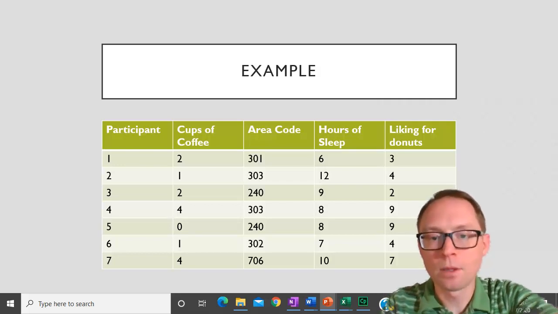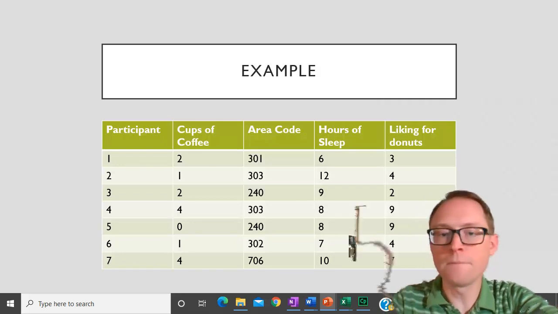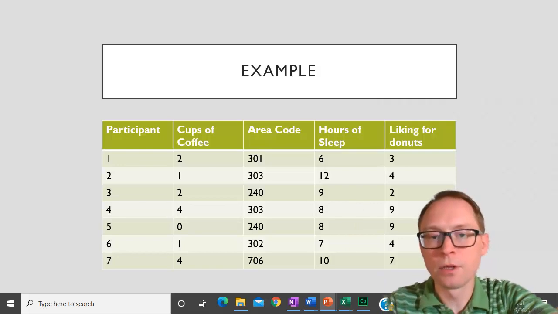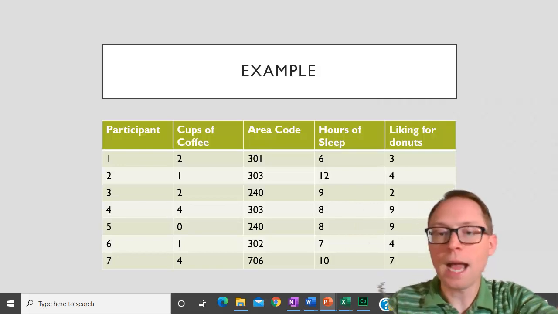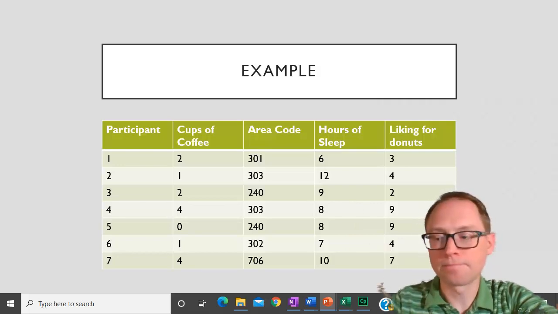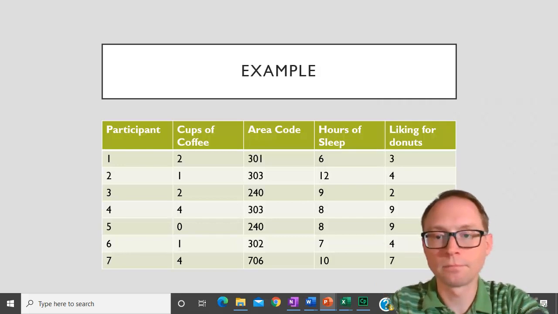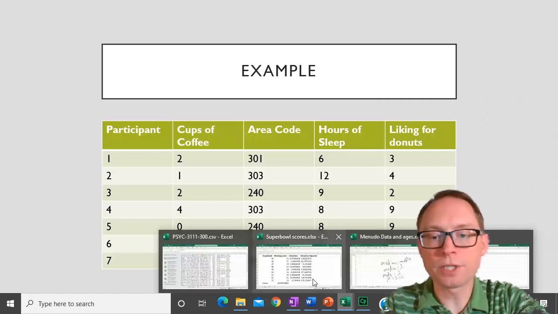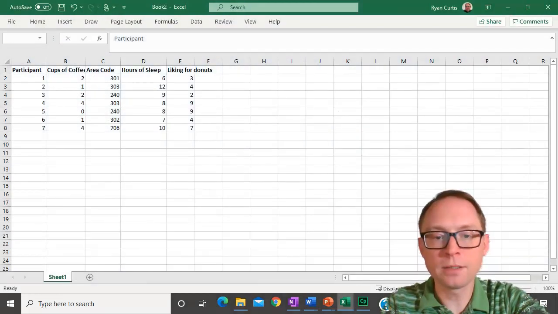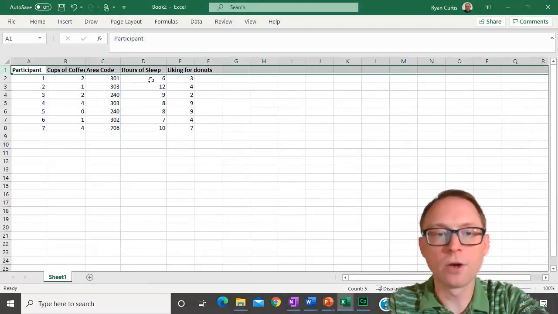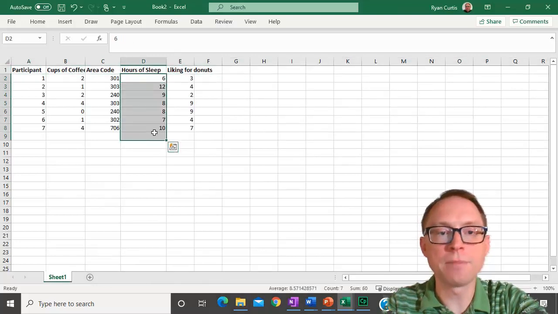I need you to tell me the mean, median, and mode for hours of sleep. What is the mean hours of sleep? I'm going to pull up the data over here because it's going to be easier for me. This is the same data just in Excel.